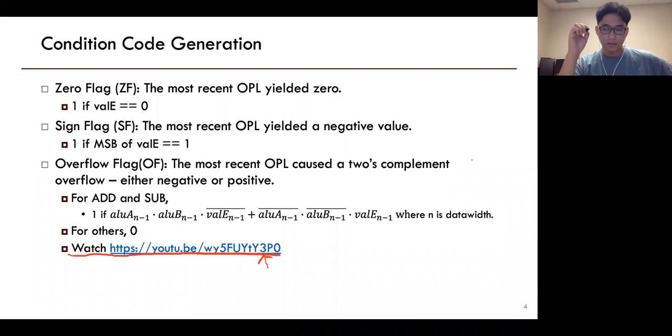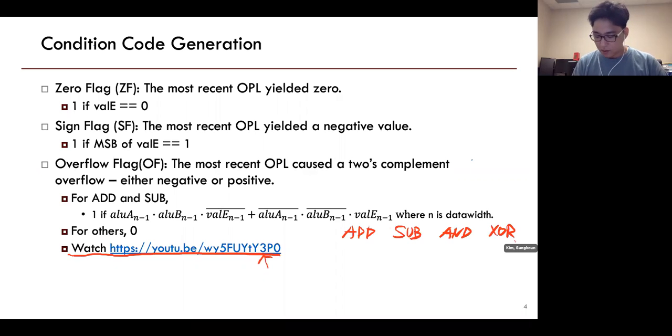But the thing is, this detection logic is different for different operations. So what kind of operations do we have in the ALU unit? We have add, sub, AND, and XOR. The good thing is the AND and XOR operations cannot cause overflow, so we don't need logic for these two operations.